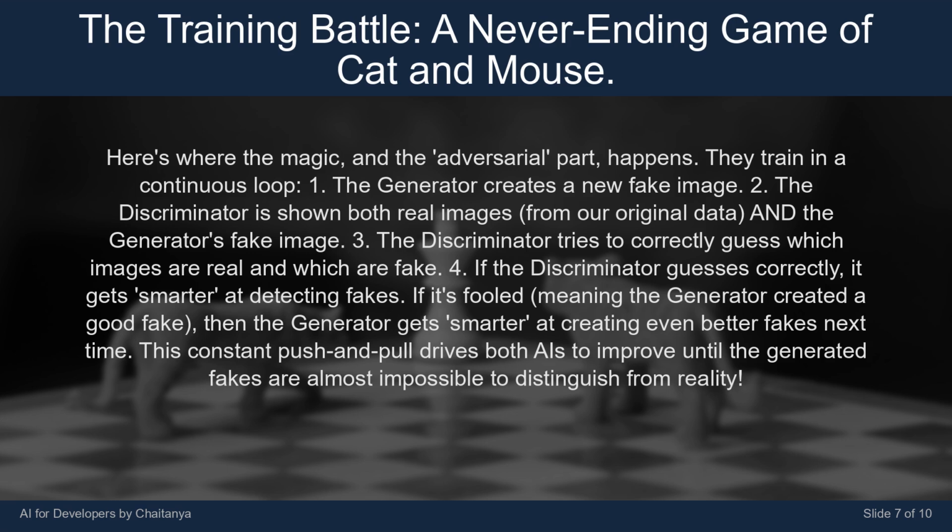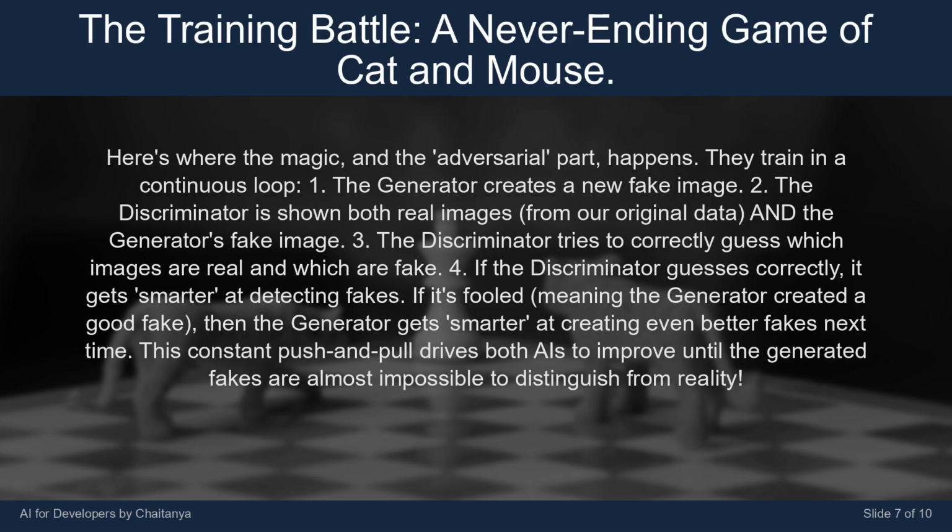If the discriminator guesses correctly, it gets smarter at detecting fakes. If it's fooled, meaning the generator created a good fake, then the generator gets smarter at creating even better fakes next time. This constant push and pull drives both AIs to improve until the generated fakes are almost impossible to distinguish from reality.